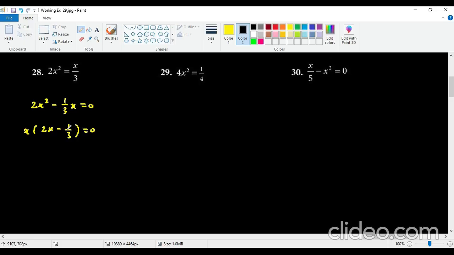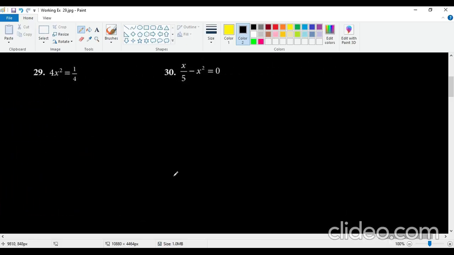So the first value of x is going to be equal to 0, and 2x minus 1 over 3 equals 0. That means 2x equals 1 over 3, and x will be equal to 1 over 6. 3 times 2 is 6. So these are the two values of x for question number 28.